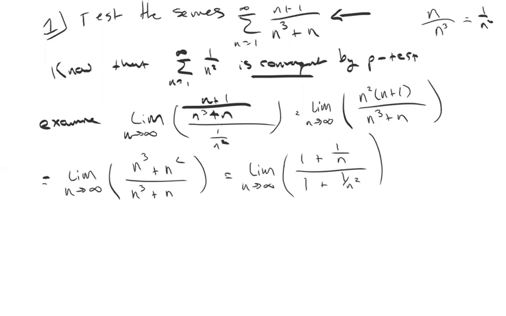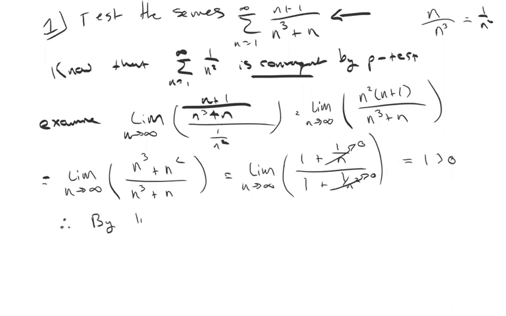Okay. And then we can go ahead and evaluate the limit. This term goes to 0. This term goes to 0. This is just 1. 1 is greater than 0.